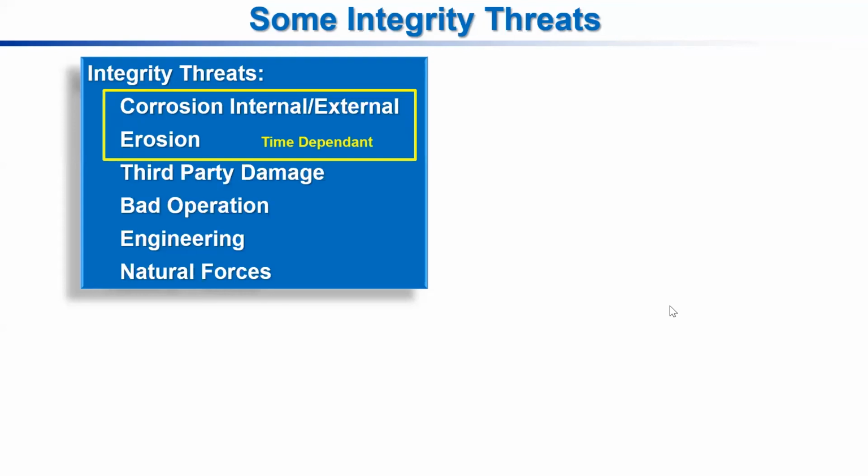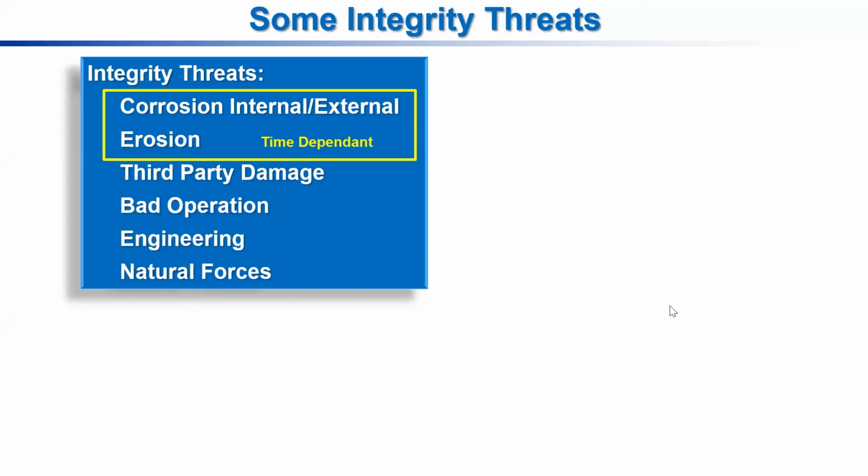Another threat: natural forces. How do we prevent natural forces? Sometimes it is impossible. It may not be practical to design a pipeline thinking that I'm going to have an earthquake in 15 or 20 years, because the probability of an earthquake may be low.